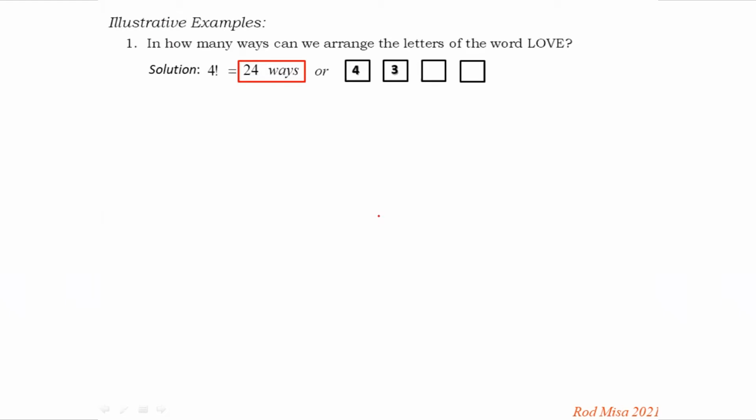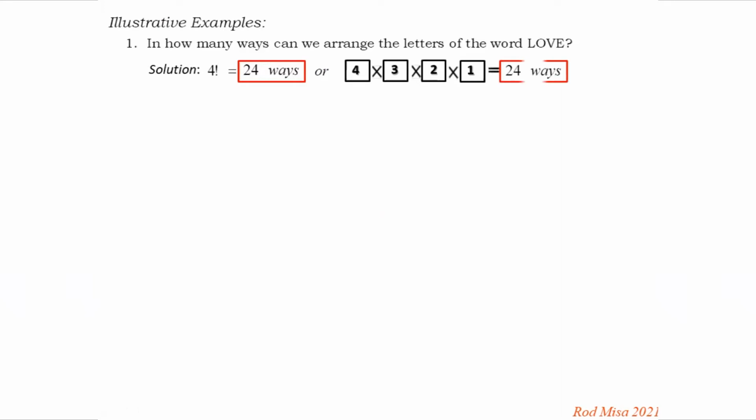With the third position, I am left with 2 choices because 2 of the 4 letters were already chosen in the first and second positions, and in the last position I am left with 1 choice. Multiplying these numbers, I get a product of 24.